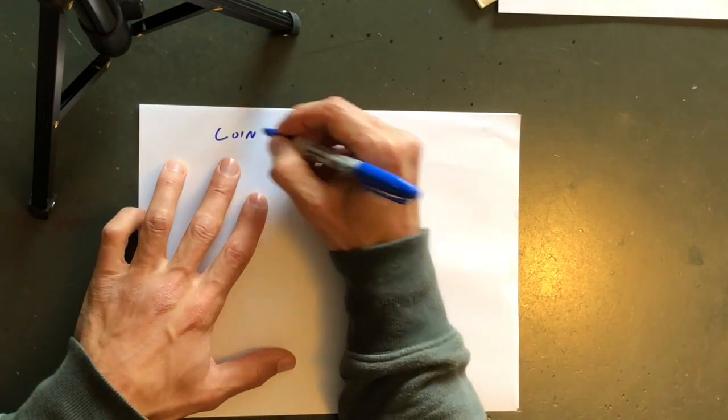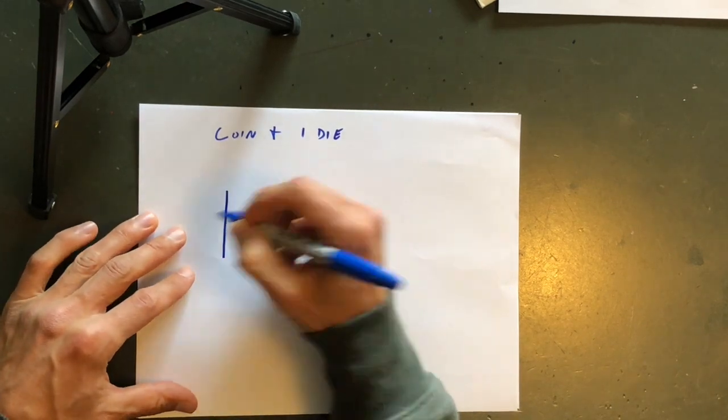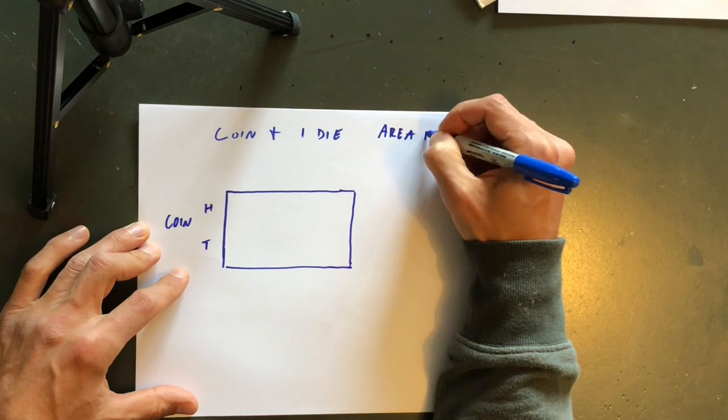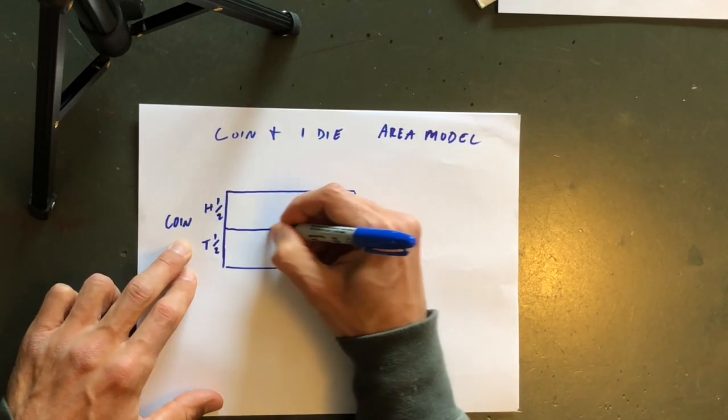So now we're going to look at an area model for the coin and die roll. And it should look familiar to us. It looks kind of like multiplying binomials. 1/2 for the tails. Cut that up.